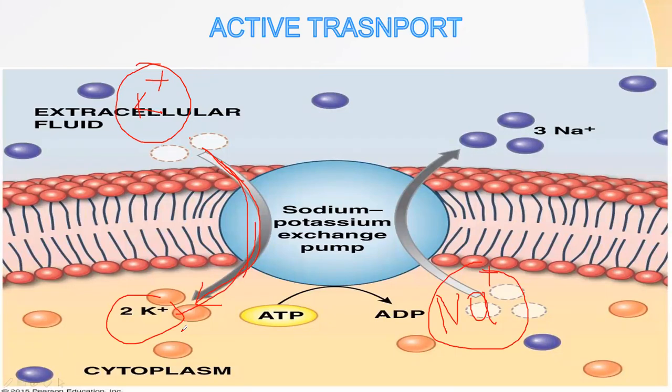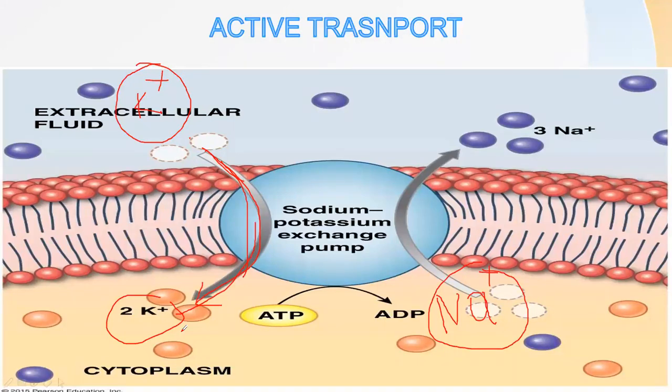Once these carrier proteins bring the potassium ions, to separate these carrier proteins and potassium, they will use energy. This energy is in the form of ATP. So this is the best example which explains the active transport mechanism.